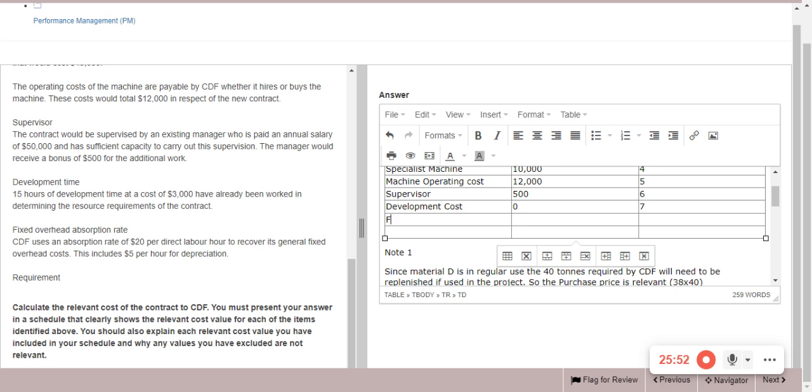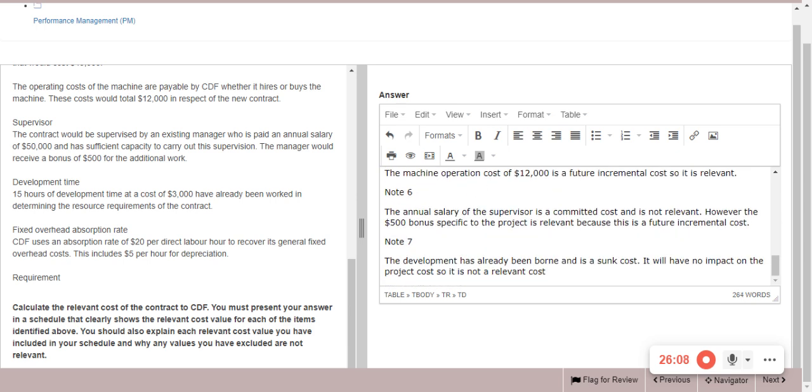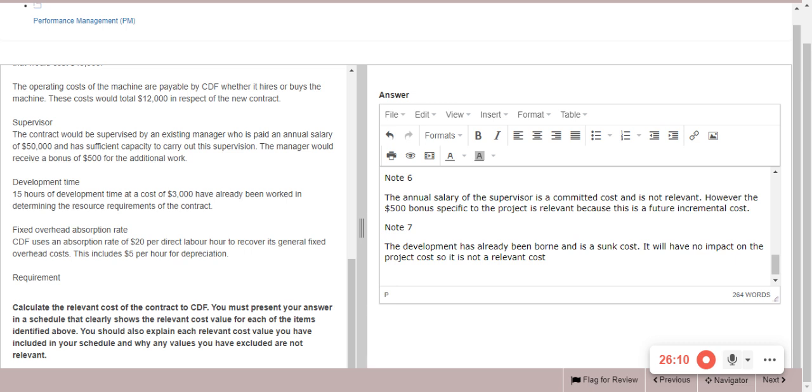So fixed cost absorption is going to be 0. This is going to be note 8. So let's give in note 8.